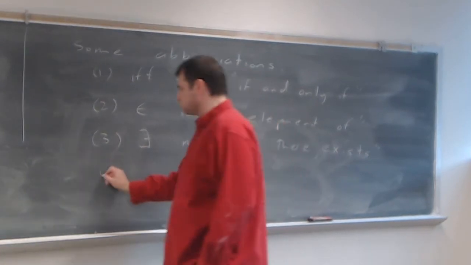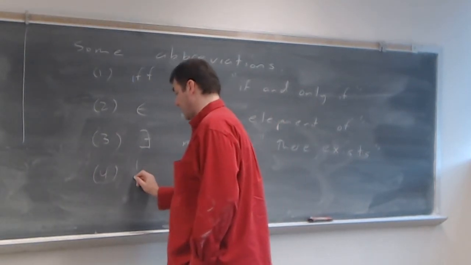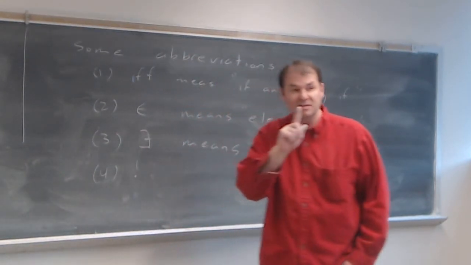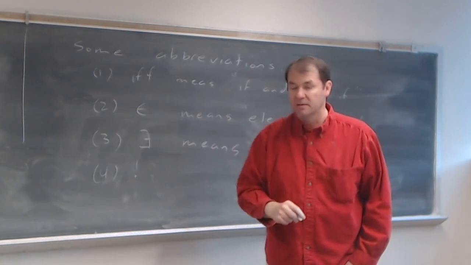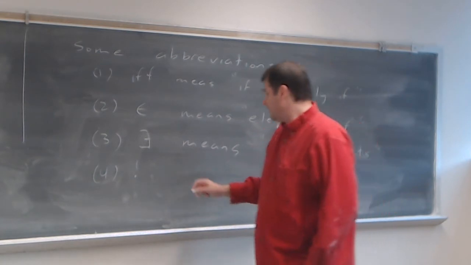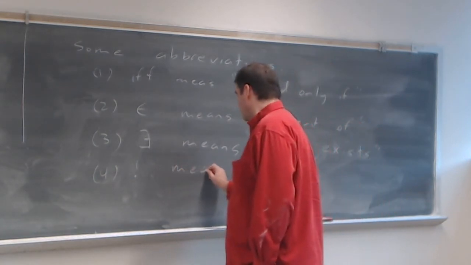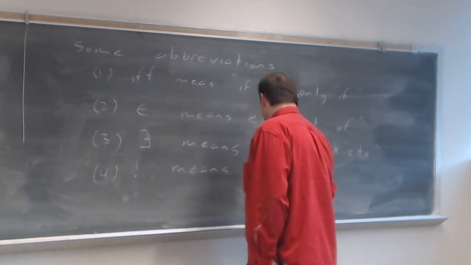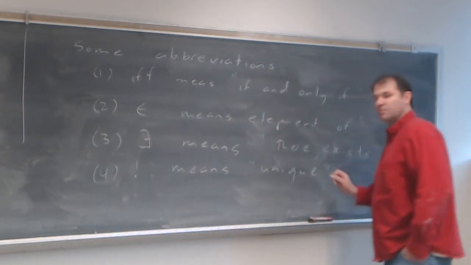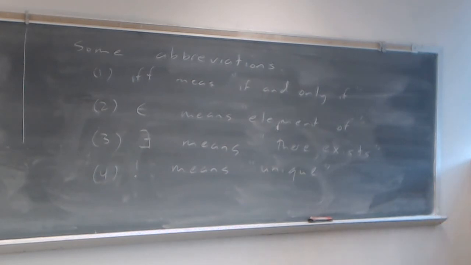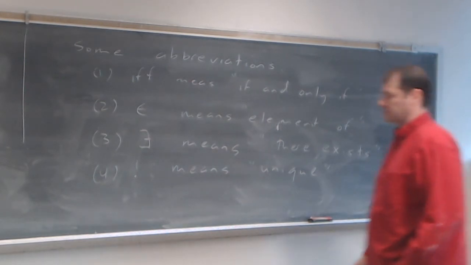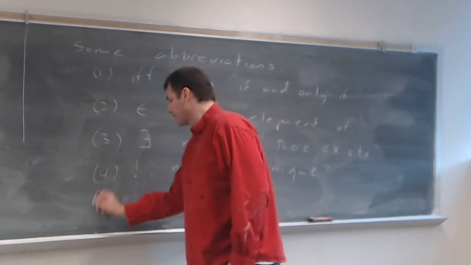This symbol won't be used that much in this class, if at all. But an exclamation point in symbolic notation, we're not talking about factorial. This means unique. That's the symbol for there's a unique answer.